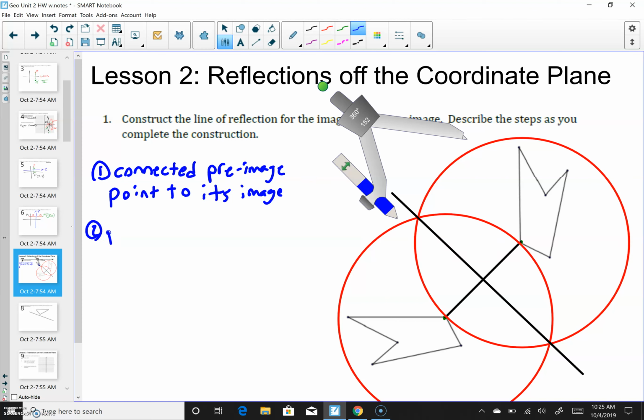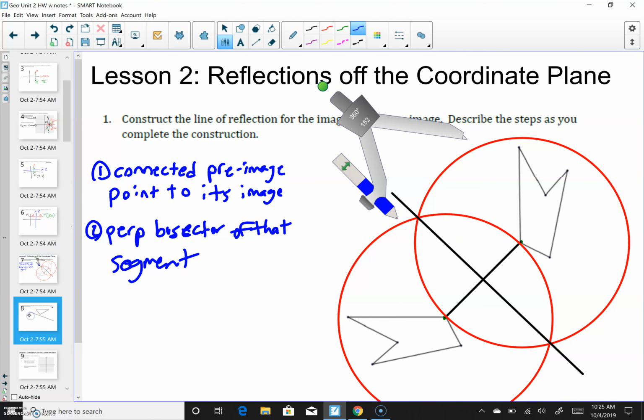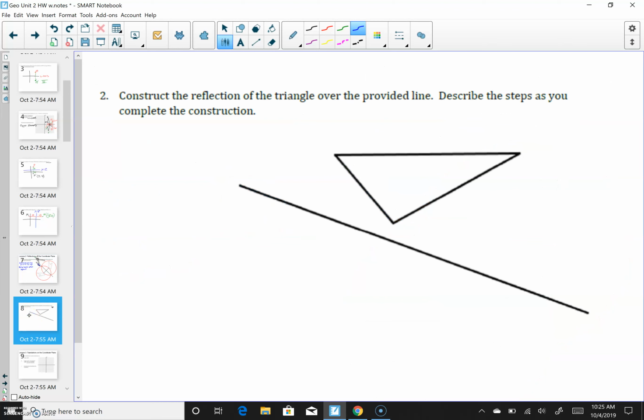And then step 2, we did the perpendicular bisector of that segment. So anytime we are told to find our perpendicular bisector, our line of reflection, we're going to do our perpendicular bisector construction.